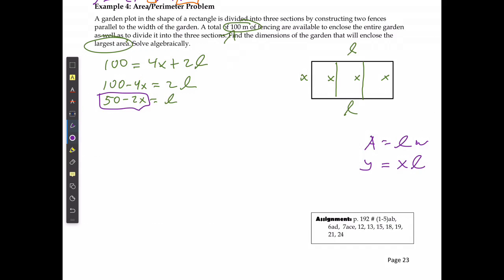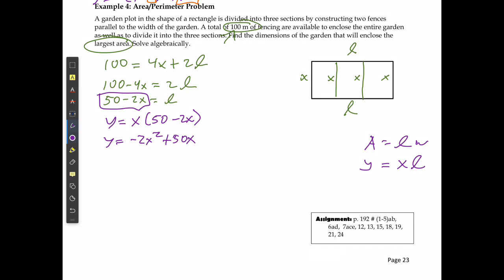I'm going to say that Y is going to equal X times 50 minus 2X. And when I expand this out, Y is equal to negative 2X squared plus 50X. Then suddenly I have my quadratic, and I can complete my square.